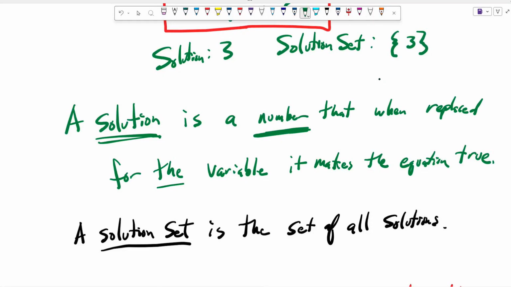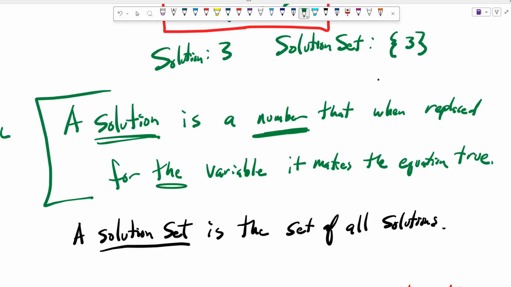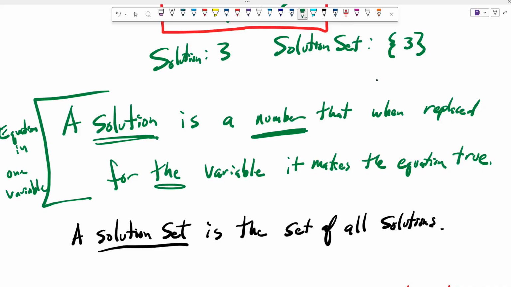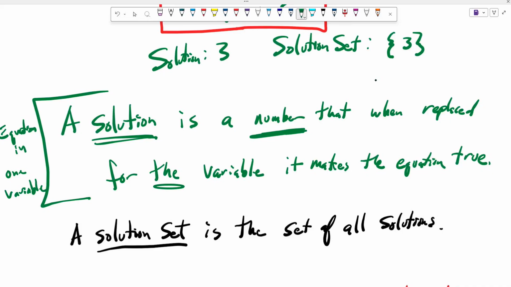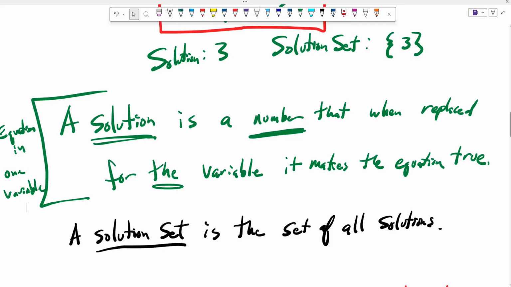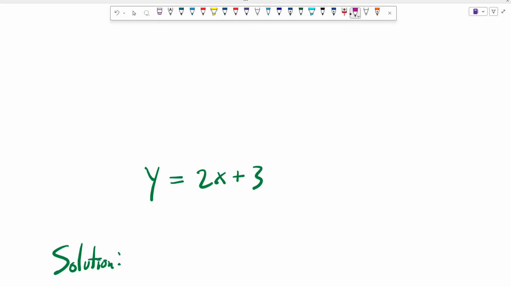A solution is a number that when replaced for the variable. This is really the definition for an equation in one variable. When we have an equation in two variables, it's a different definition. So let's write down that definition.